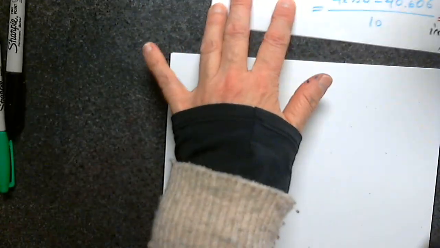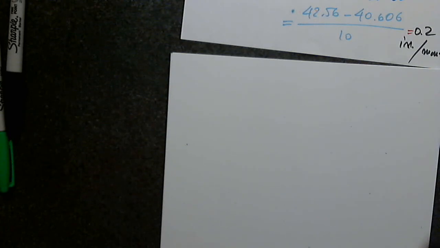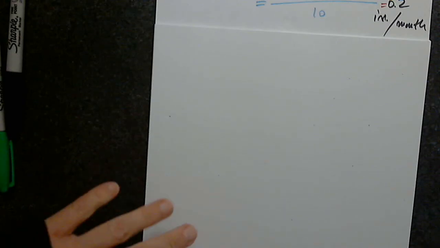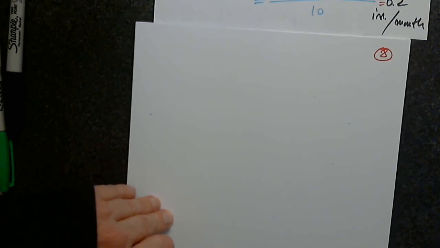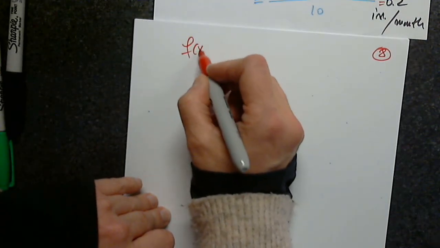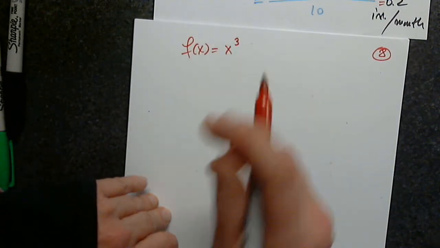It's not that self-explanatory. And to be honest with you, it's kind of the opposite of what you would expect. So let's slowly look at the following situation. Let's suppose we are looking at x cubed.